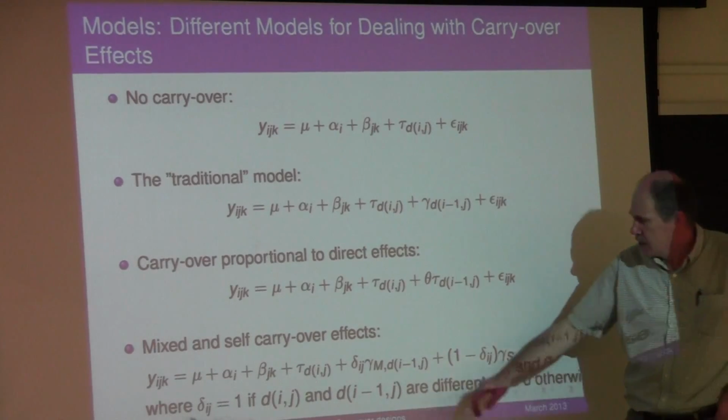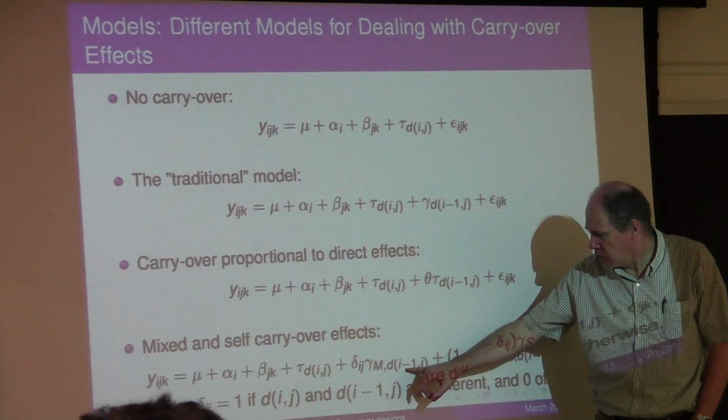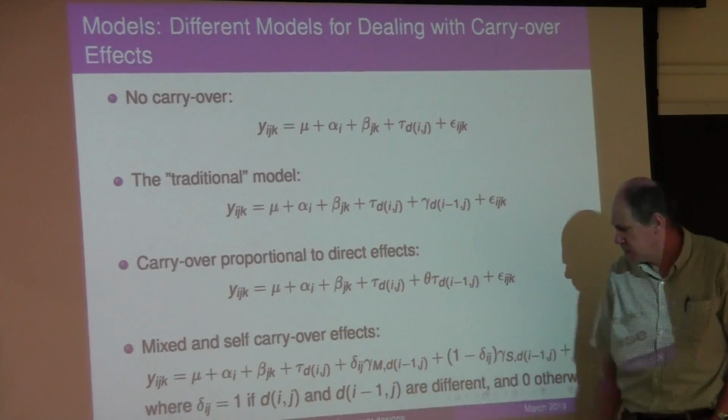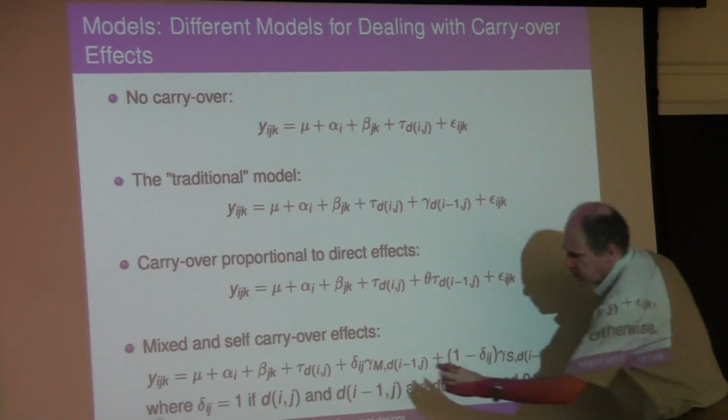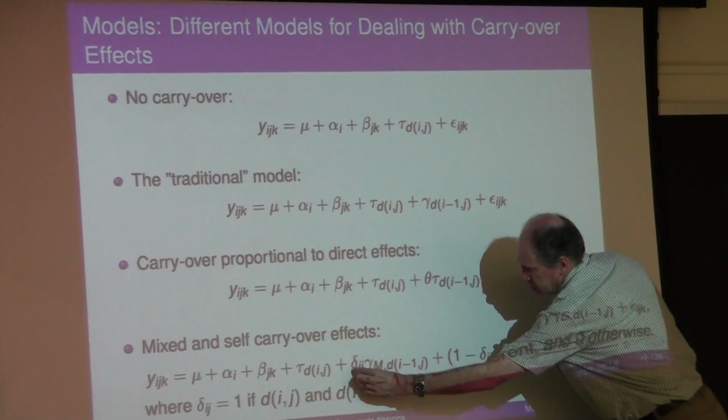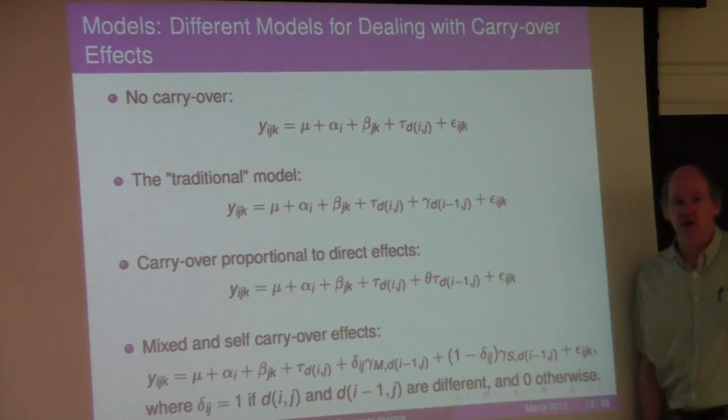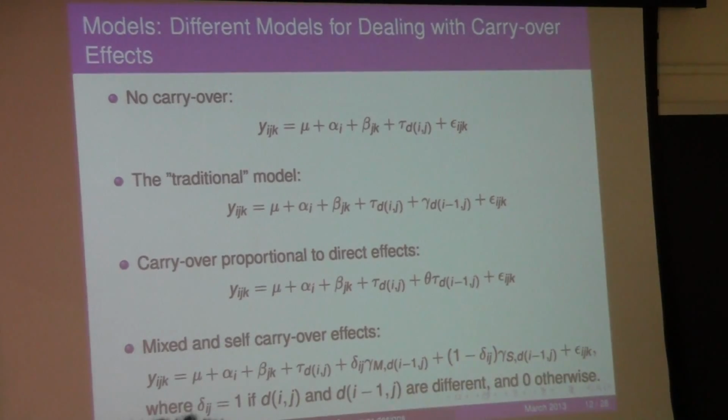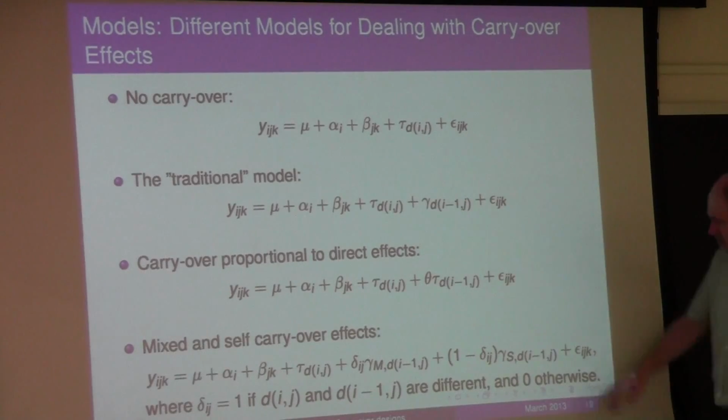So these things are, again, carryover effect from the treatment in the previous period, except you see something in front of these terms now, this delta ij and 1 minus delta ij. It looks very complicated, but it is very simple. Delta ij is either 0 or 1. It's an indicator variable. And when delta ij is 1, then this term here disappears.